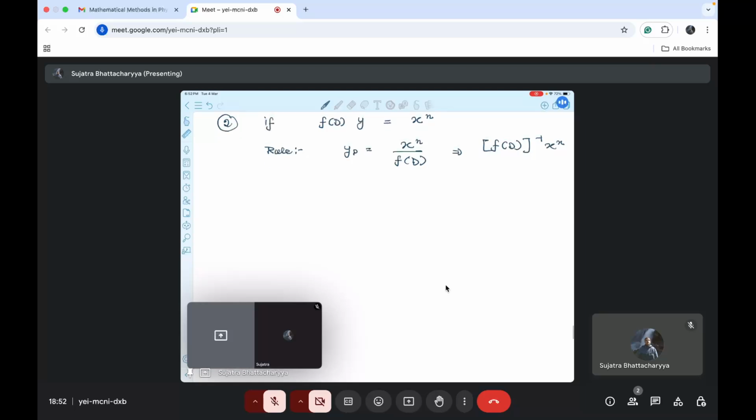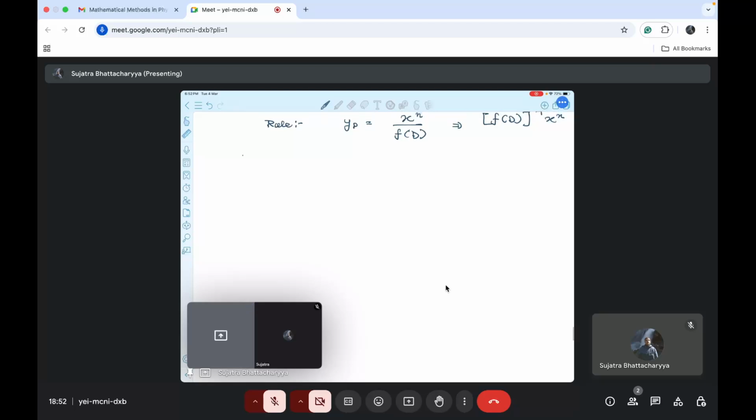Okay, let's take an example and show you how you can find this using the rule. So you have an example d2y by dx2 plus 2 dy by dx plus y is equal to x. You can see x to the power 1, so x is fine. The first step is what?